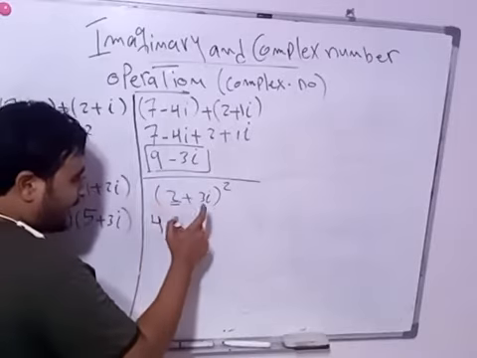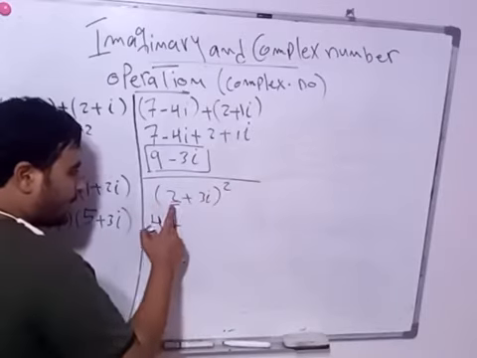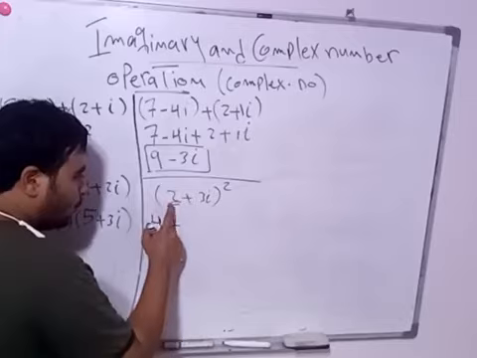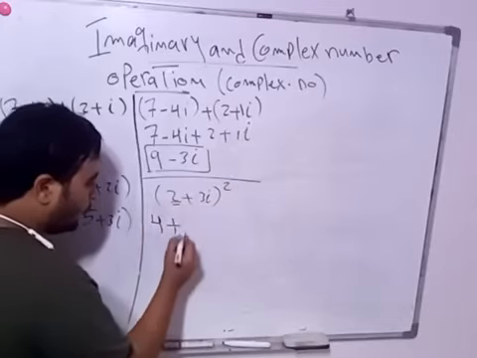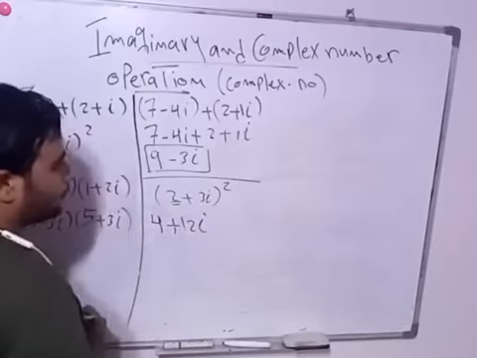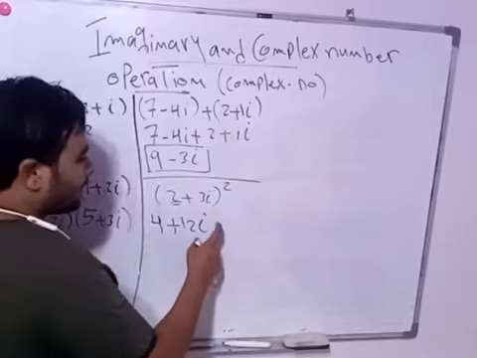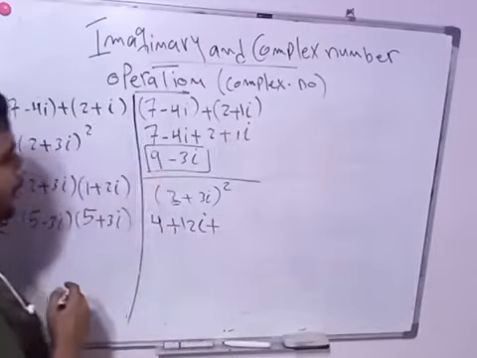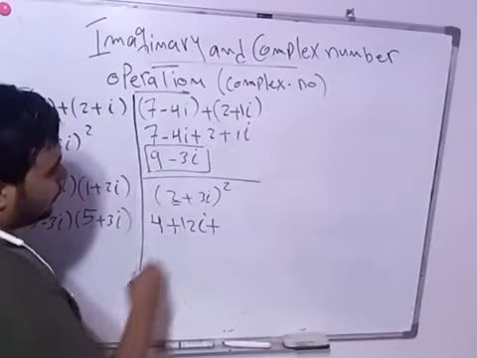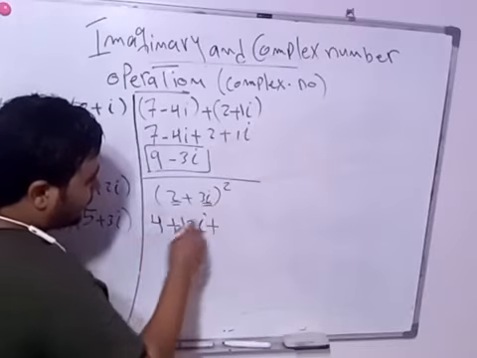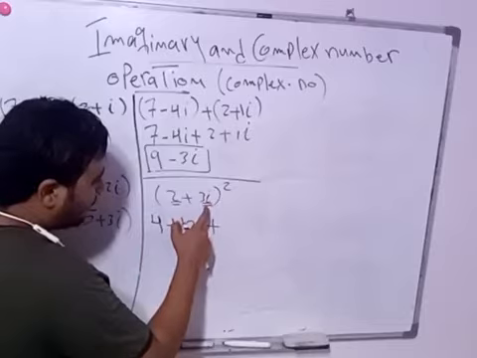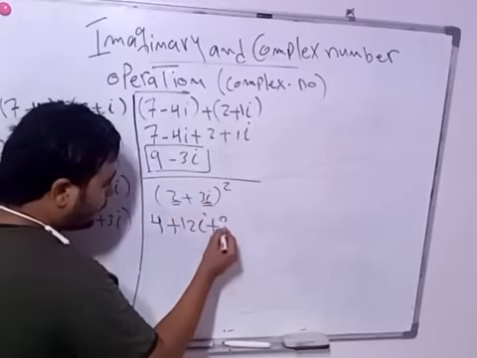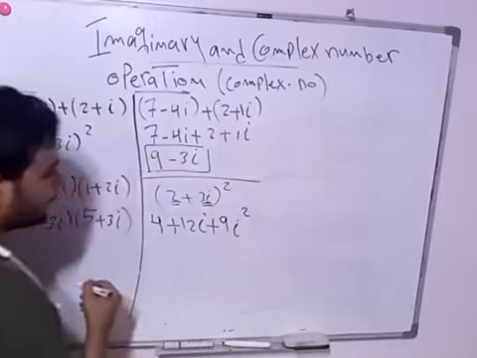The first times the second times 2: 2 times 3 is 6, times 2 is 12i. And the last term is usually positive. The second term is itself, 3i times 3i, 9i power 2.